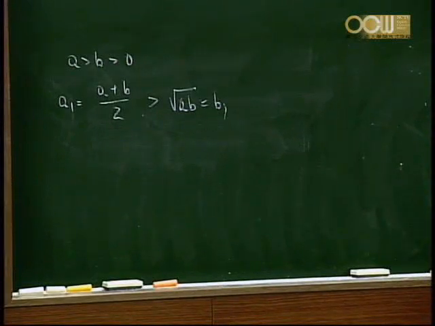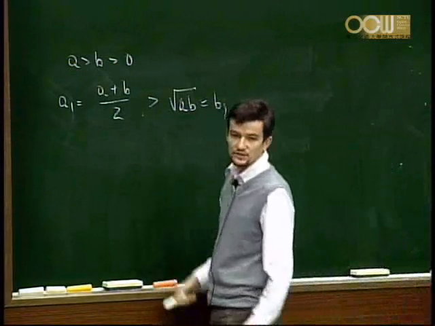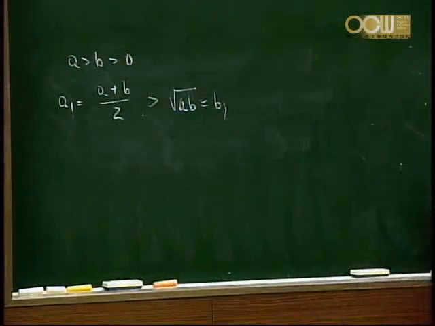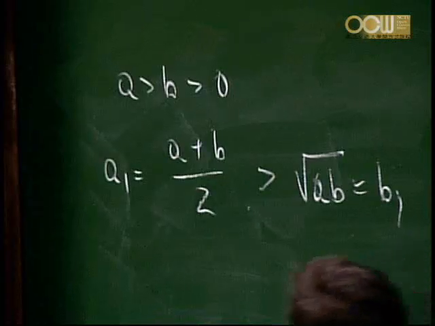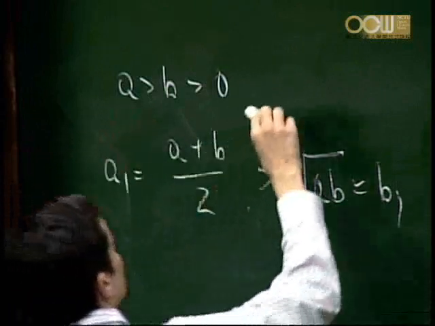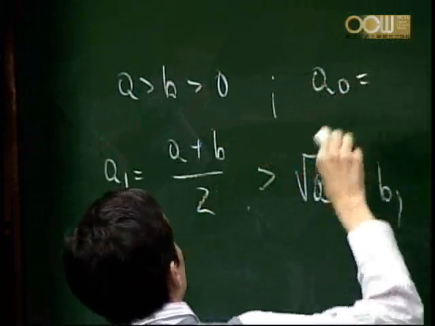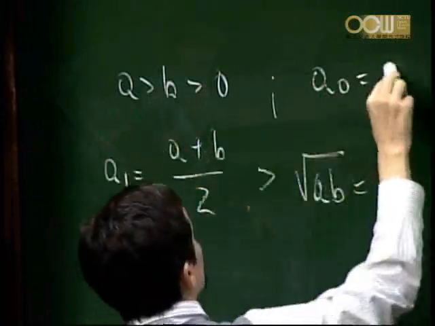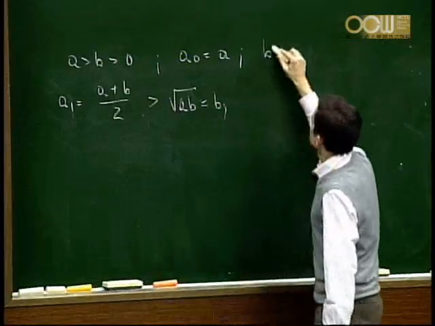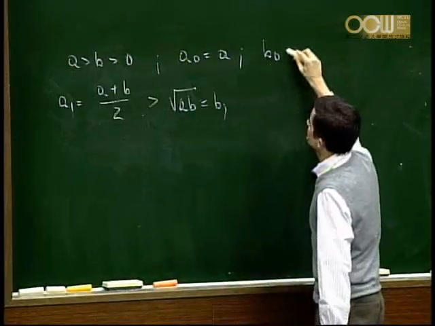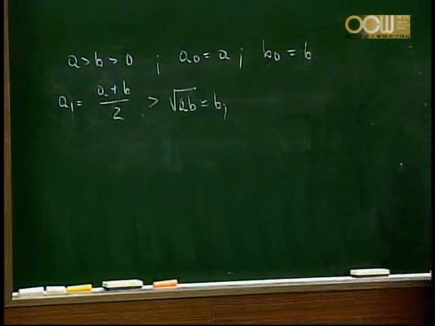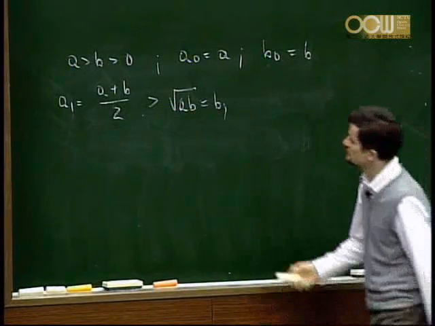And we know that the arithmetic mean is always larger than the geometric mean. This is something you have learned in high school. Now, you can consider the sequence. The first term a0 is a, and the first term of the sequence b is b.